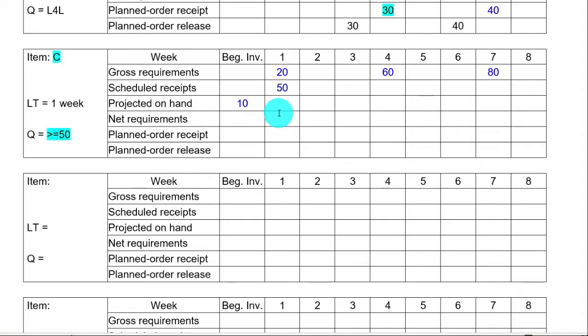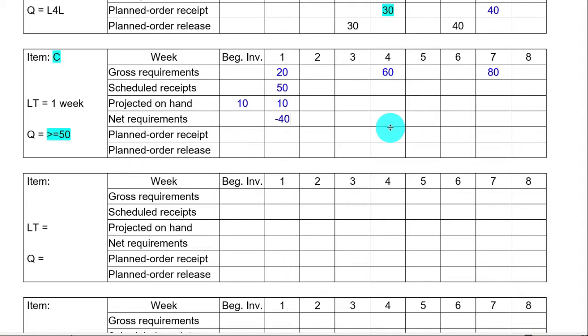Okay. Now we can start to determine net requirements. Week 1, 20 gross requirements, 50 on order, 10 on hand. So net requirements, it's not going to be negative. You can fill out 20 minus 50 minus 10, which is negative 40.